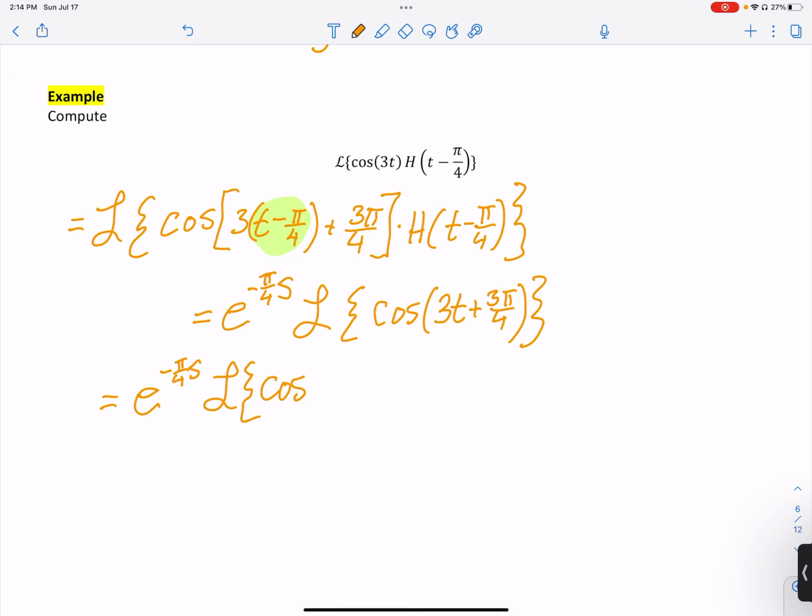Cosine, it's the sum rule, so cosine of 3t times cosine of 3 pi over 4 minus sine of 3t sine of 3 pi over 4.